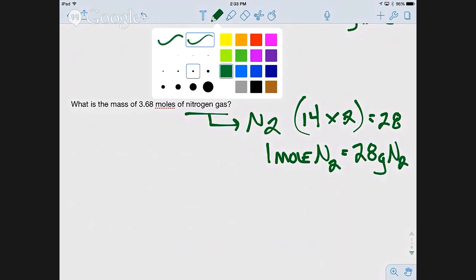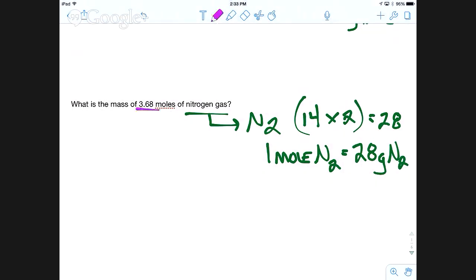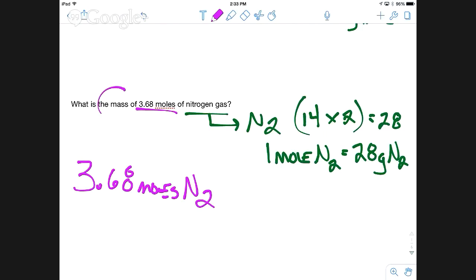And the question started me with 3.68 moles of N2. Remember this from the unit, homework page 3, I think, is where this came into play. So I need to get this into mass. I need to get this into grams. So that's where my unit conversion comes in. I already know that moles of N2 have to go on the bottom to cancel.